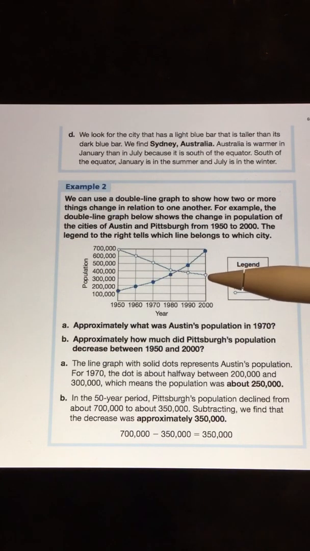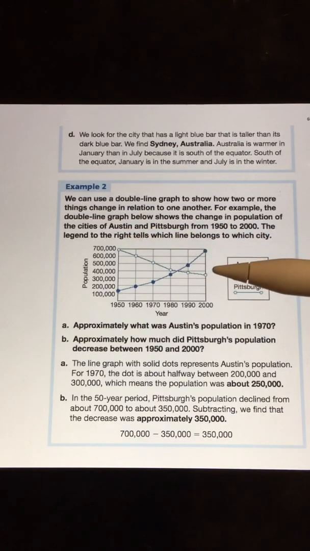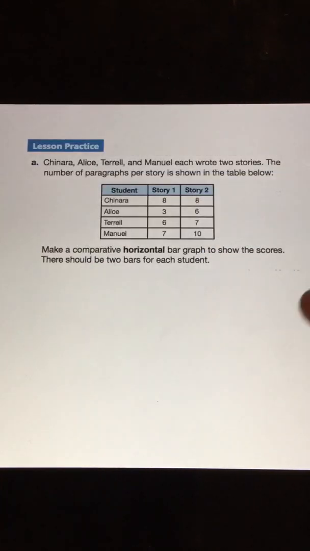This is between the 300,000 line and the 400,000 line, so it's about 350,000. The population went from 700,000 to 350,000 in 50 years. That is about half. It's pretty amazing.